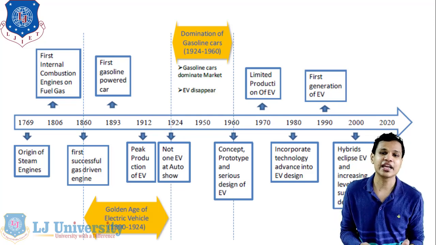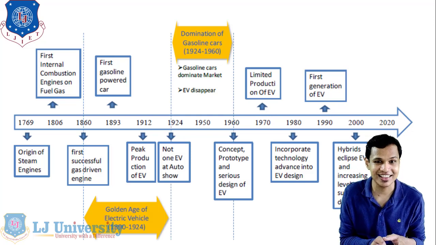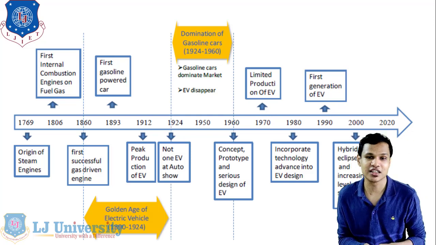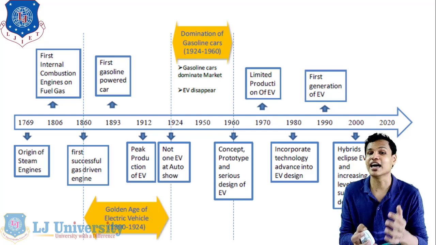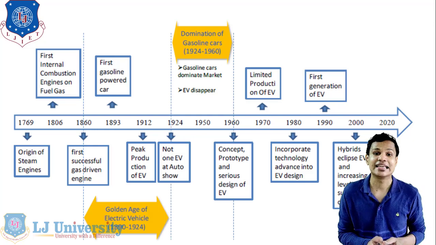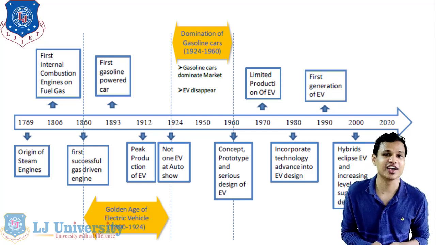The target of the government is to switch 50% of vehicles to electric up to 2030. That is a very big target comparing the population and the number of vehicles India uses, so it is going to be a very difficult task.